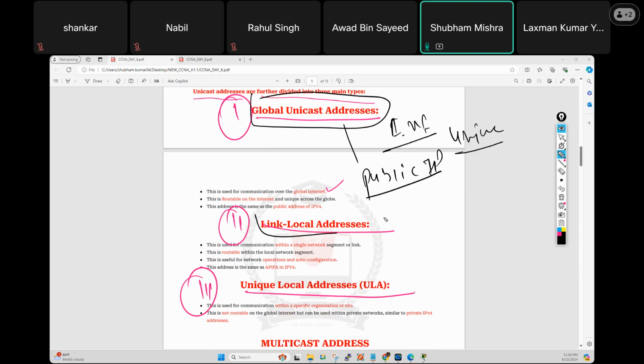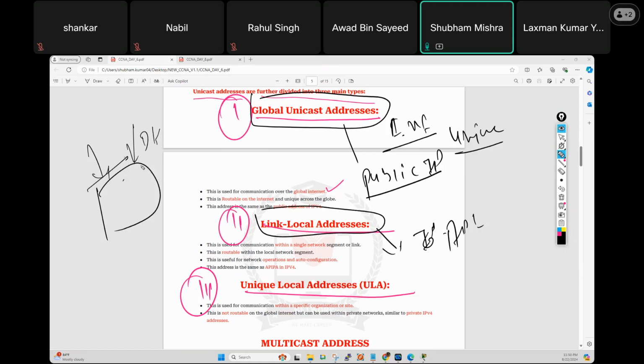Now, link local address. You can understand it like the APIPA address. If you guys remember, I told you about APIPA. For example, this is a Windows device. If you do not assign any IP address manually, and this device is not getting an IP address by DHCP either, then by default the address will be an APIPA address. The range will be 169 something.